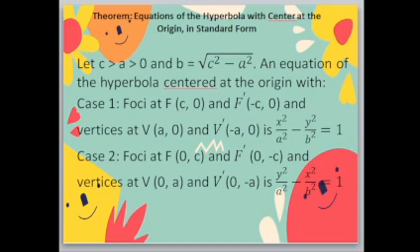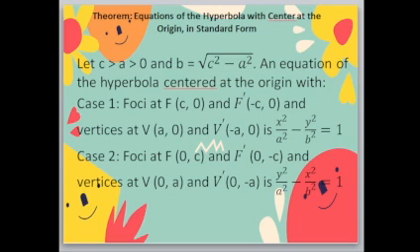Okay, we will go to the theorem. Equations of the hyperbola with center at the origin in standard form. Let c be greater than a, and a be greater than 0, and b is equal to the square root of c squared minus a squared.